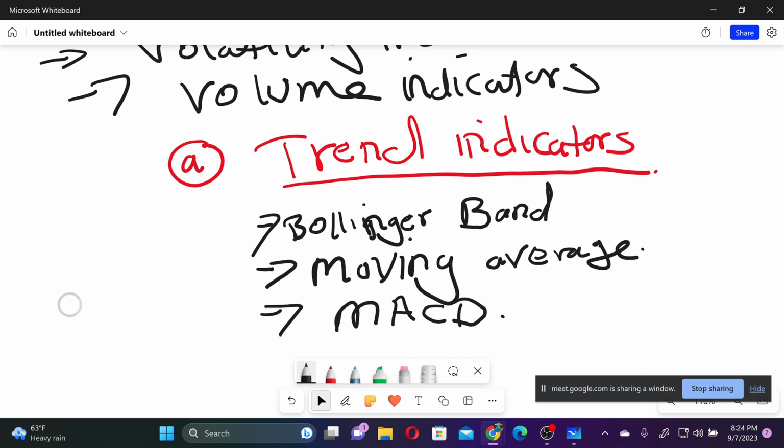I'm going to be sharing the screen. So we are going to TradingView, that is where we're going to be getting this. I hope you are following. It's a very simple thing and we are making it very simple.